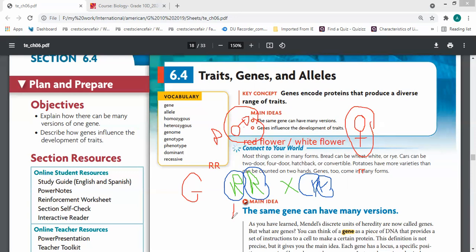So this one, R capital, will inherit just R capital to the first generation, right? Right. The second one, female, will give what? R small. So the first generation will be R capital R small.